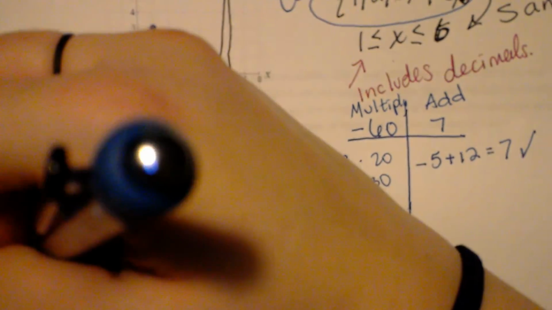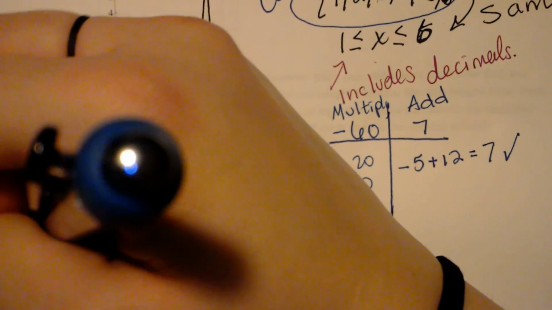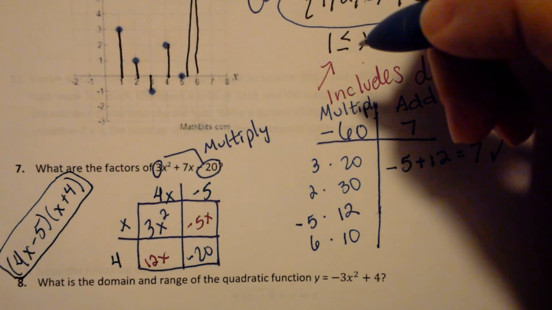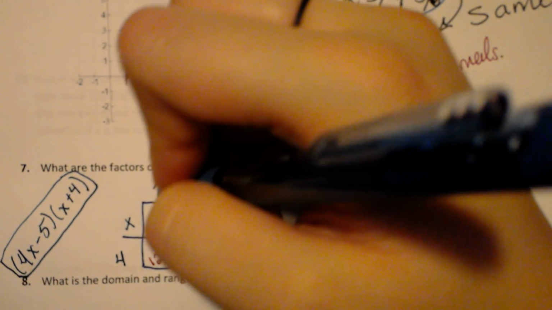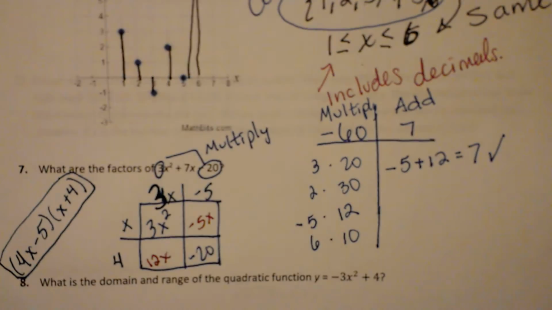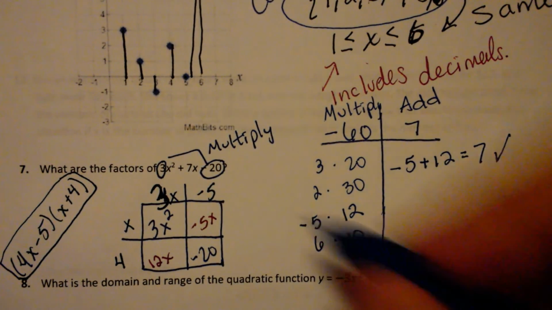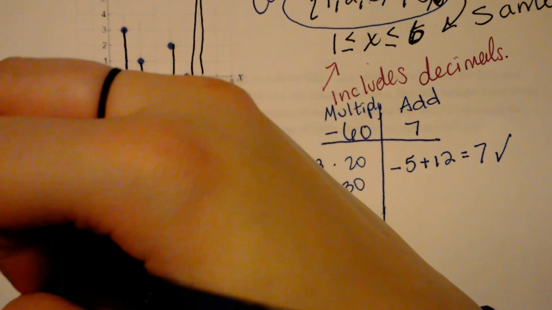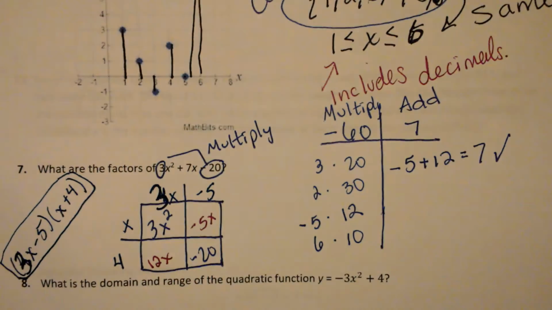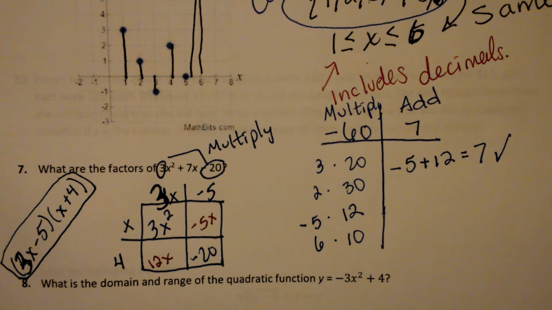So my answer is 4x minus 5, x plus 4. Oh, yes. I'm sorry, that's a 3. Three and 12 have a 3 in common, not a 4 in common.